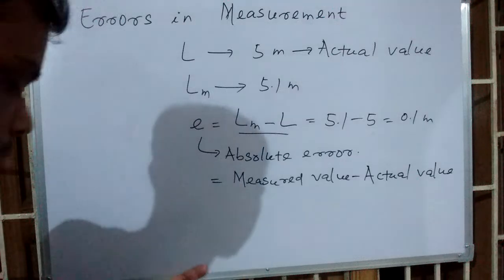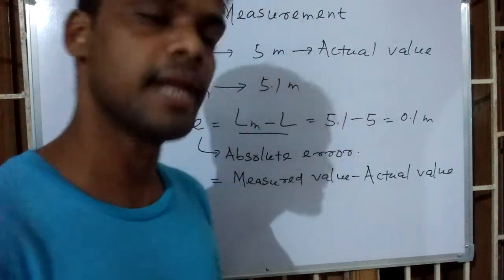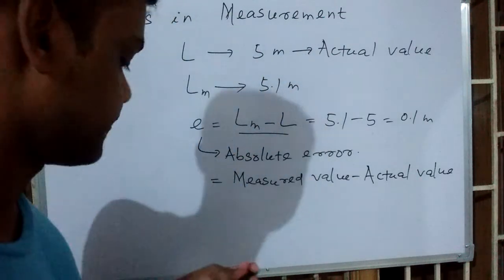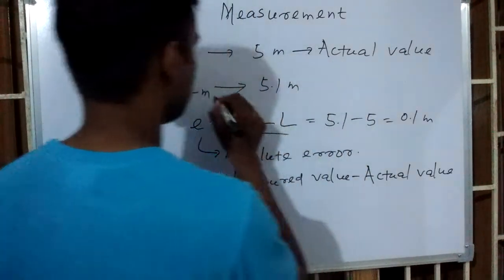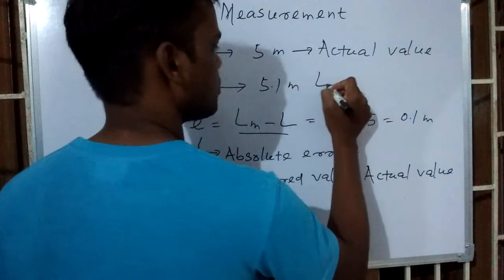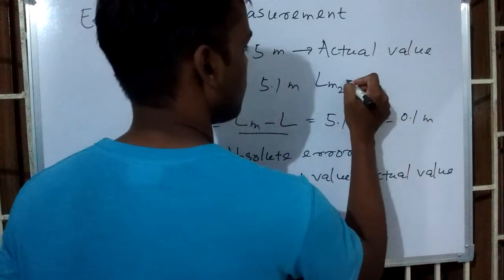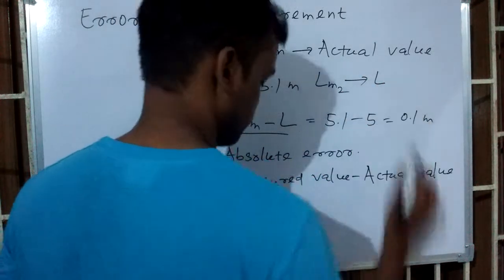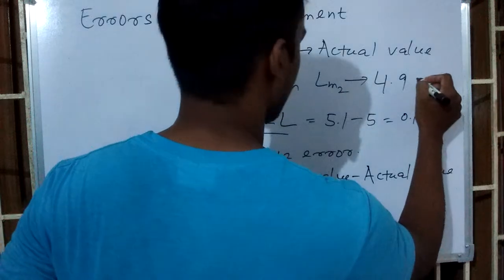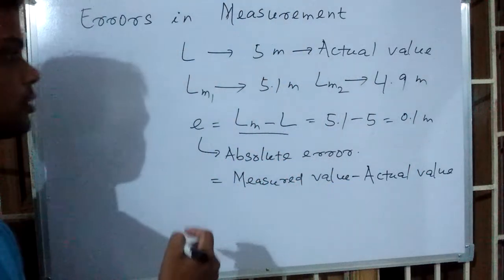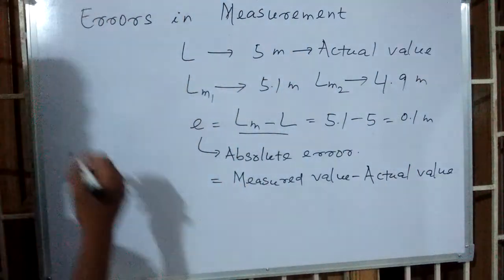Suppose some other person measured the same length and found it to be, let it be LM2, 4.9 meter.